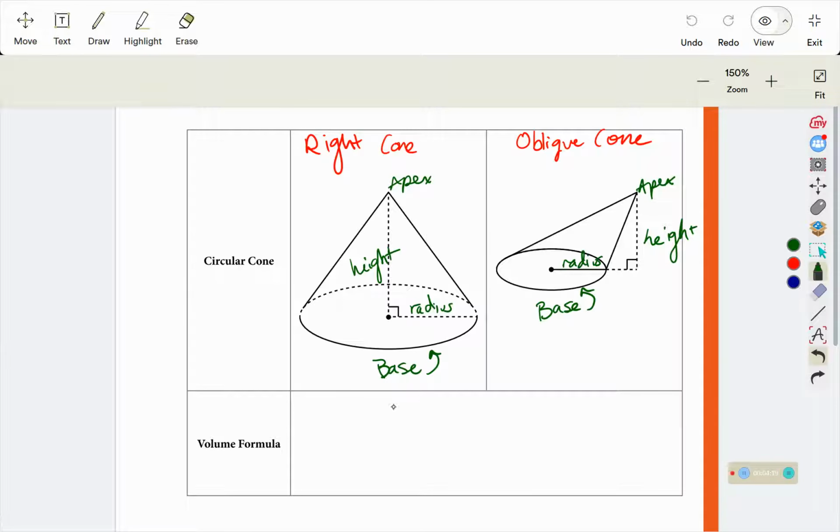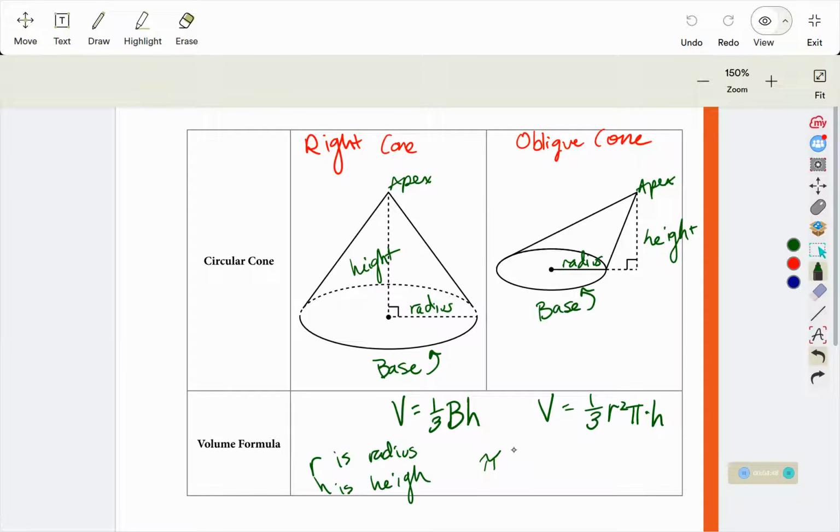The volume is found by 1/3 the base area times the height, or more specifically, we can write 1/3 times the base area, which is found by doing radius squared times pi, and then multiply by the height. R is the radius, H is the height.